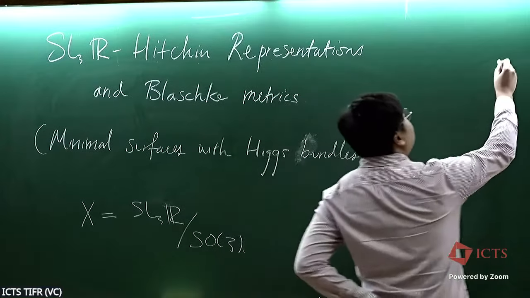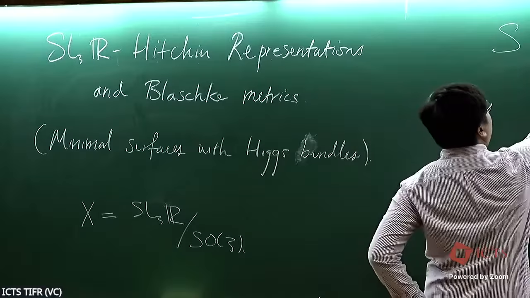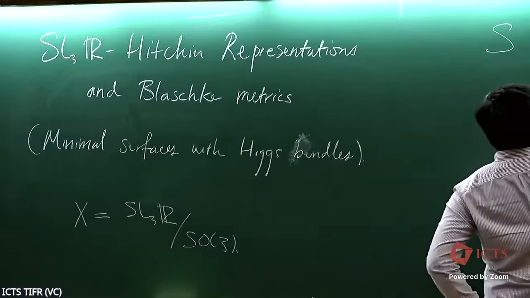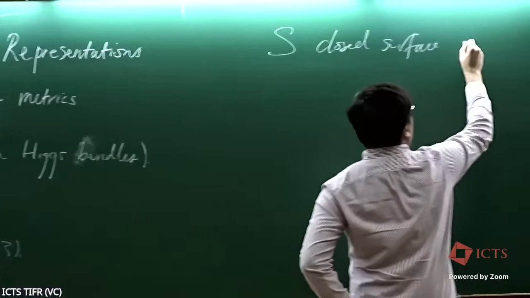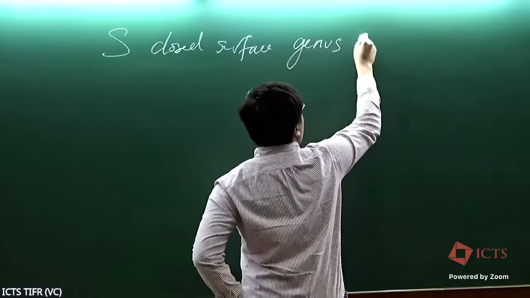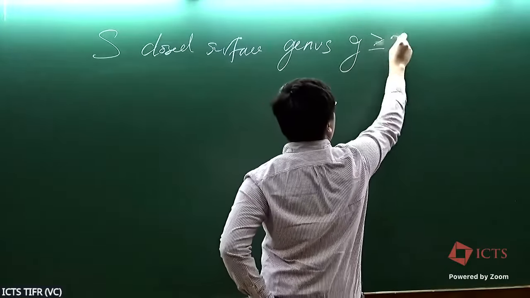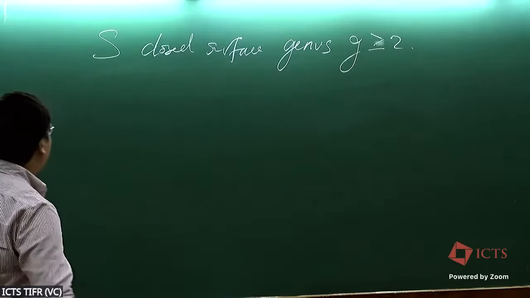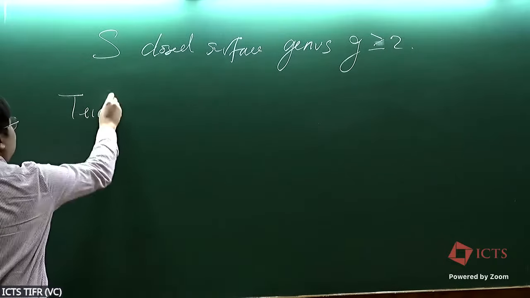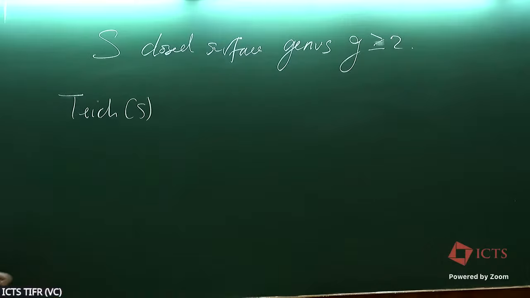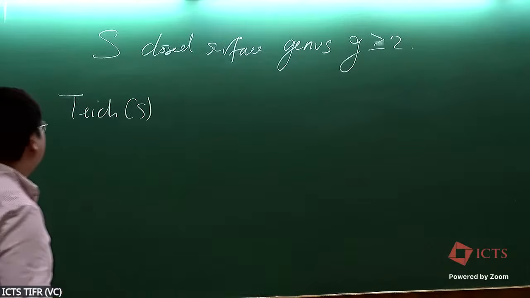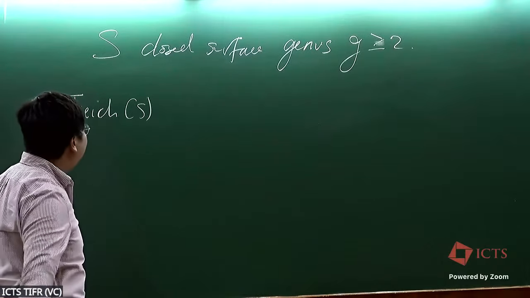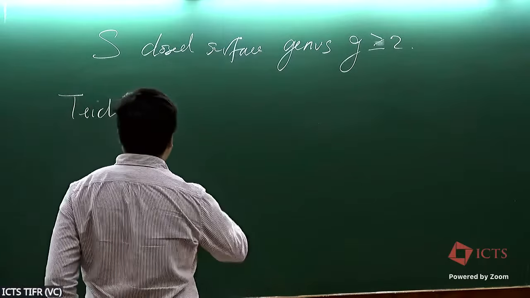The setup is as follows. We start with S, just a closed surface of genus g at least 2. Then I could define Teichmüller space as follows. Of course, I see experts in Teichmüller theory, so they can take an early lunch or take a nap.